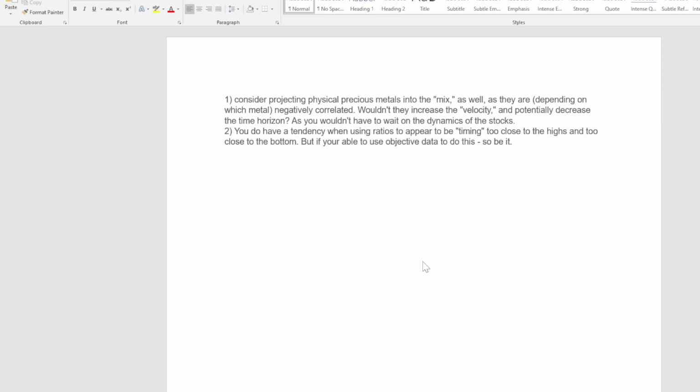You do have a tendency when using ratios to appear to be timing too close to the highs and too close to the bottom. But if you're able to use objective data to do this, so be it. And that is what's going to determine how good you are, is the timing of the highs and the lows. I do think that we can objectively time it pretty well, but not perfectly well. All that's going to do is perhaps decrease your potential returns.